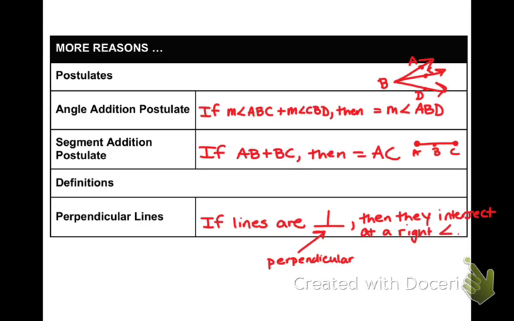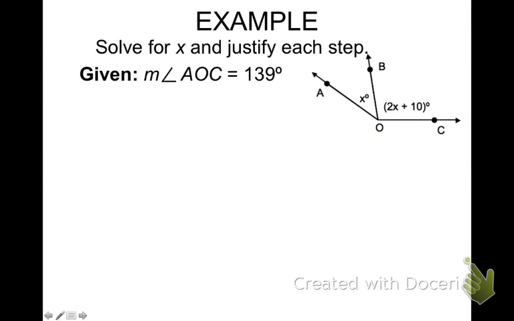Okay, so we've got angle addition postulate, segment addition postulate, perpendicular lines. So now, if you look at the next proof, we have two angles equaling a whole angle, which means we're probably going to use which postulate from what we just wrote up there? Angle addition, right? So if you think back to chapter 1 on your test, how did you solve for x?